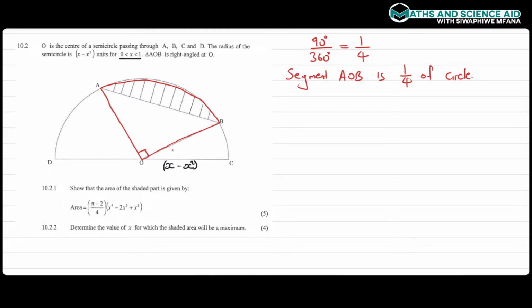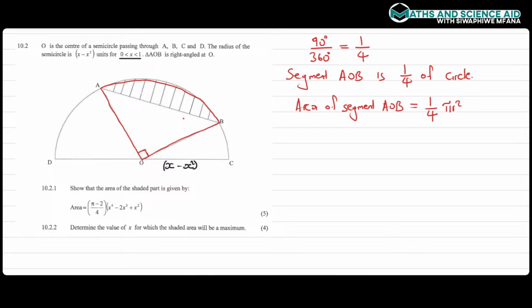Therefore, the area of segment AOB is just going to be 1 over 4, a quarter, of the area of a full circle. And the area of a full circle is pi r squared. So that's the first important thing to note here.